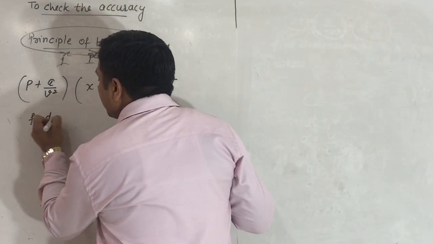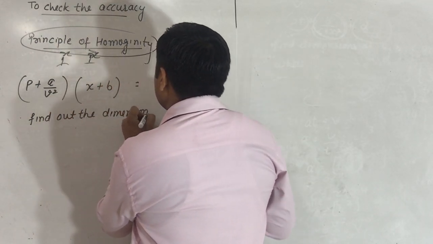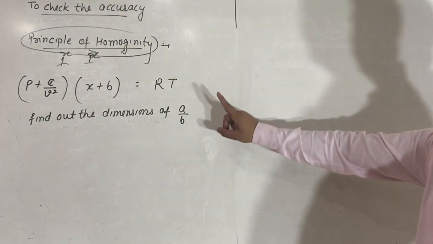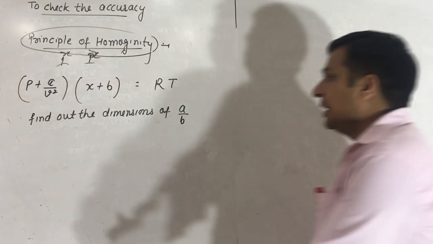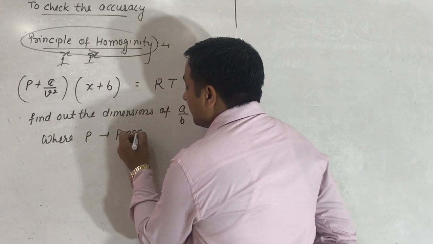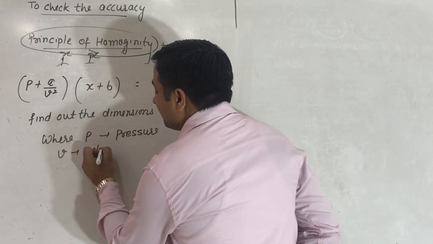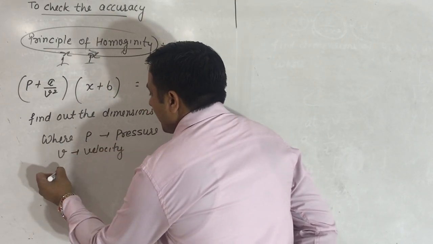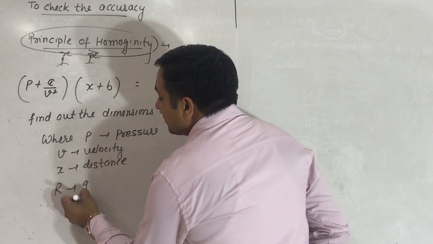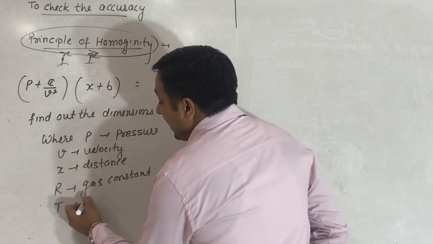Find out the dimensions of A by B. In this question you will have to find out the dimensions of A by B, where P is pressure, V is velocity, X is distance, R is gas constant, and T is temperature.